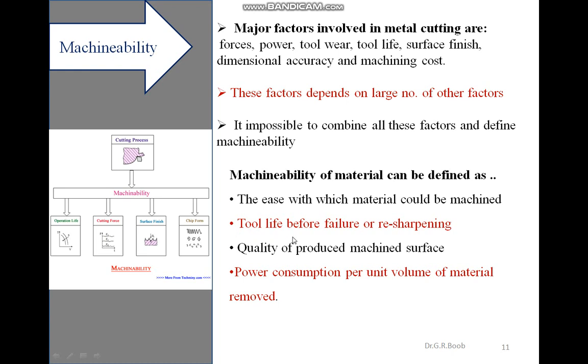Another way, tool life before failure or resharpening or reconditioning of the tool is called machinability. Quality of the produced machined surface can also be called machinability. Or power consumption per unit volume of material removed is another way to define machinability. As you can see, machinability depends on operation life, cutting force, surface finish and the type of chip that is formed.